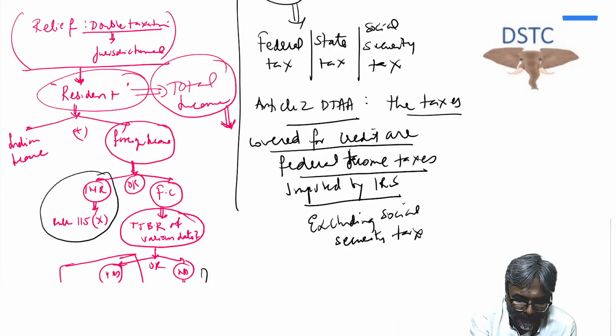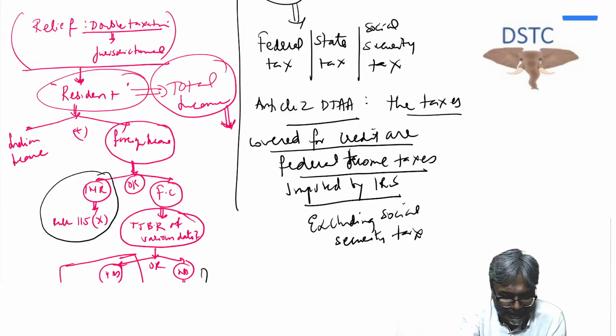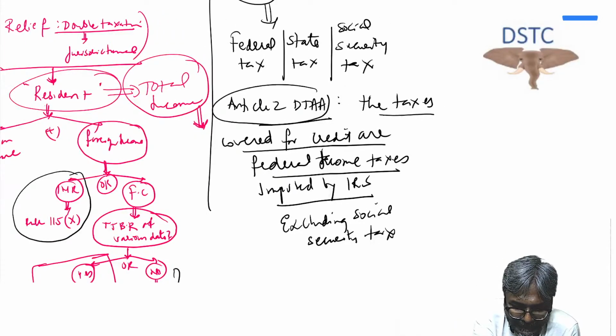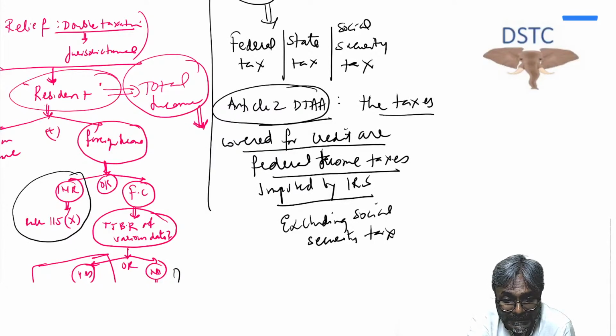That is what they have mentioned in the question. Students, the question says, Article 2 of DTAA, in this context, the taxes covered for credit are federal income tax imposed by IRS, excluding social security tax.